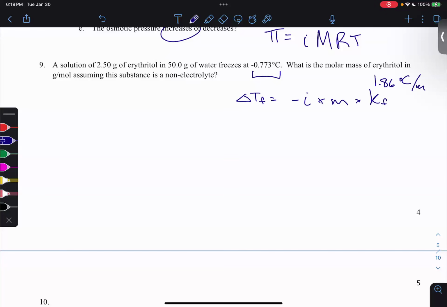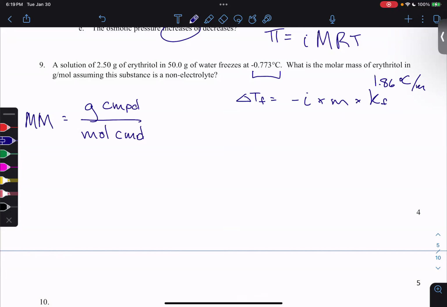All right, so lots of information given here. I always like to start with what is the question asking me to calculate? It's asking for molar mass of this compound. The unit of molar mass is grams per mole. So if I know the gram amount of this compound, and I know how many moles of compound I have, can I calculate the molar mass?